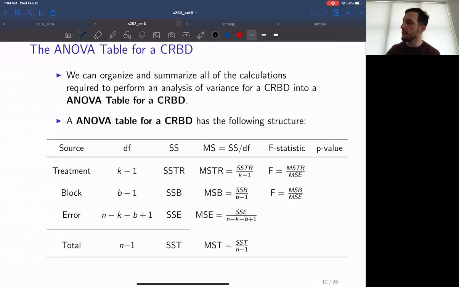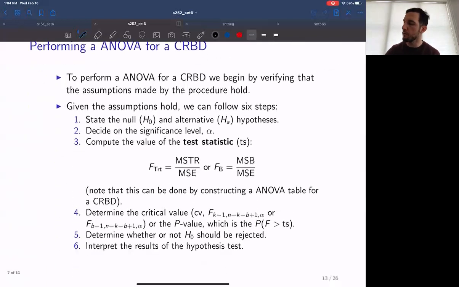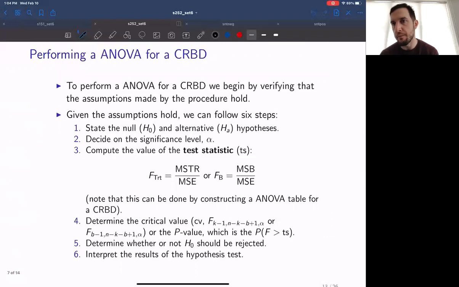Okay, now in accounting for this block variable, we actually end up with the ability to perform two tests. We have the usual test of treatment effect, which is what we studied in the one-way ANOVA case. And now we have a test of block effect, which is effectively just a test of a difference in the average value of the response variable across each block of our study.